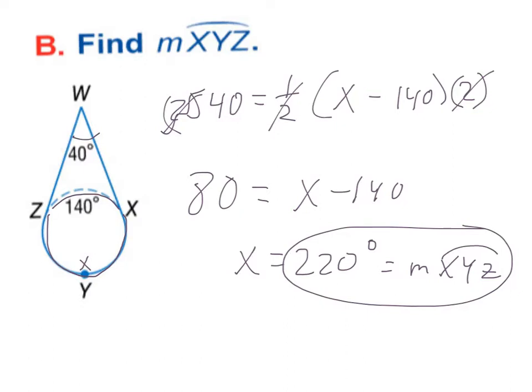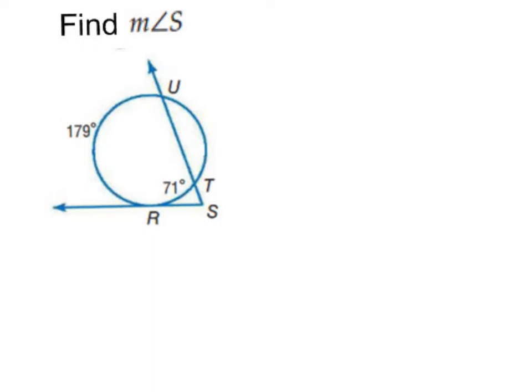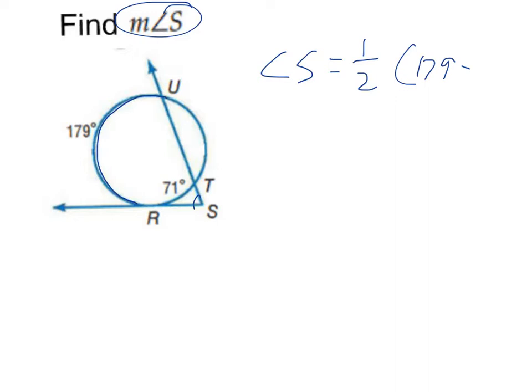Okay, and the last example. Here, again, they intersect on the outside, so we have the angle measure, which we don't know. That's what we're trying to find. We'll say angle S equals 1/2 the larger arc, 179, minus the smaller arc, 71.